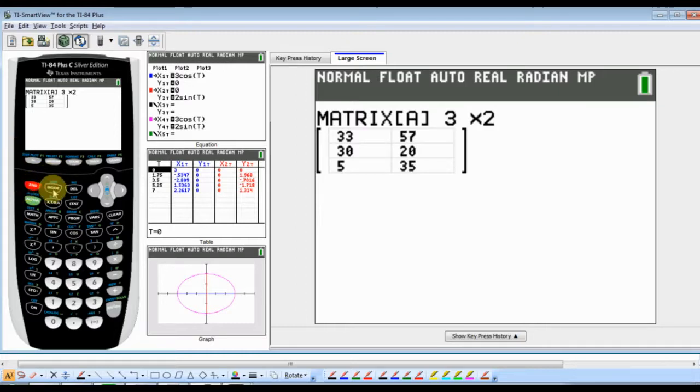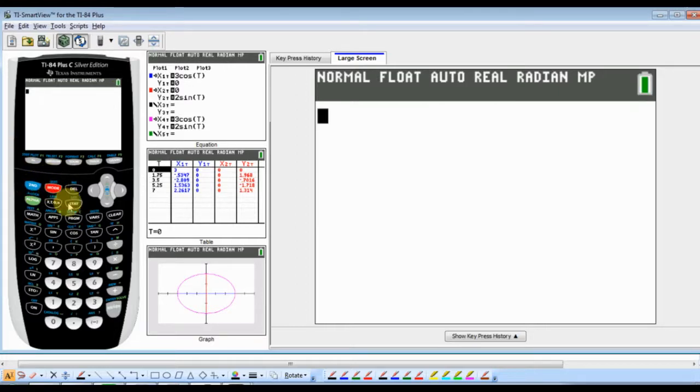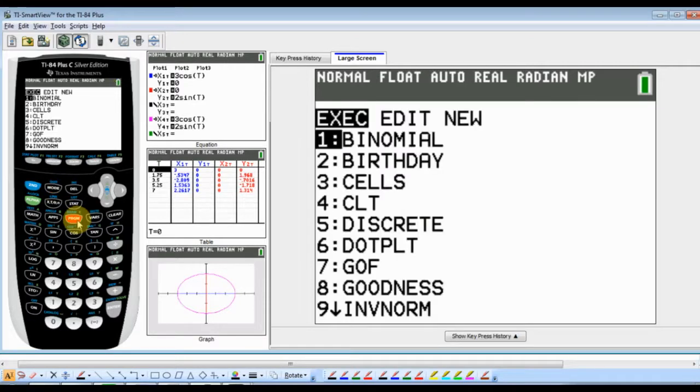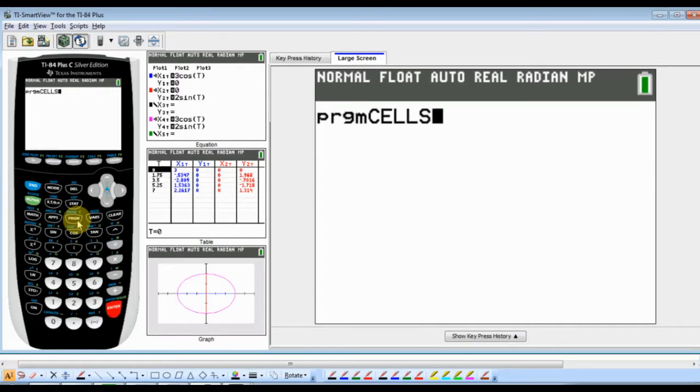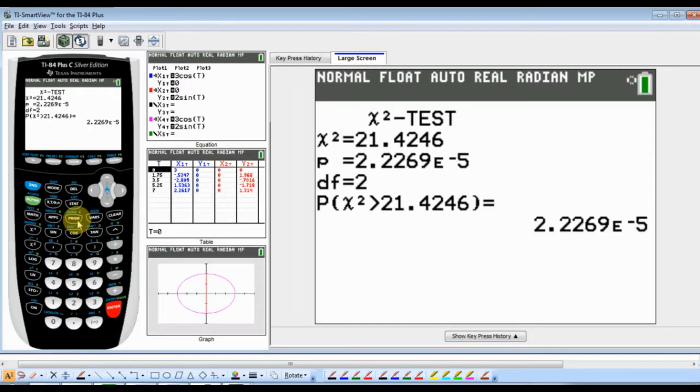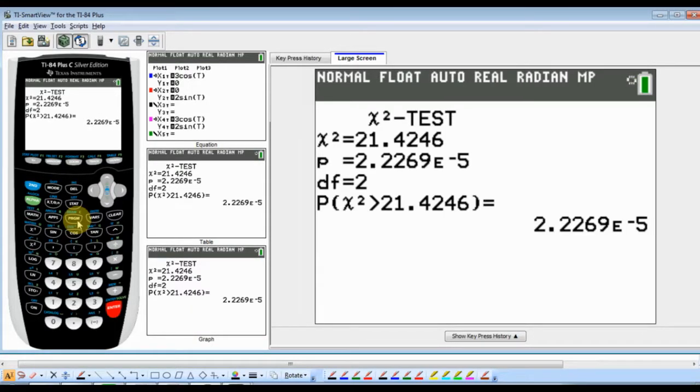I'm going to run the cells program just once. Okay, there it is. That gives me a preview of what's going to happen. I get a chi-square statistic, a p-value, and degrees of freedom, and I have a notation that I'm supposed to write: the probability that chi-square is greater than 21 is pretty much 0.